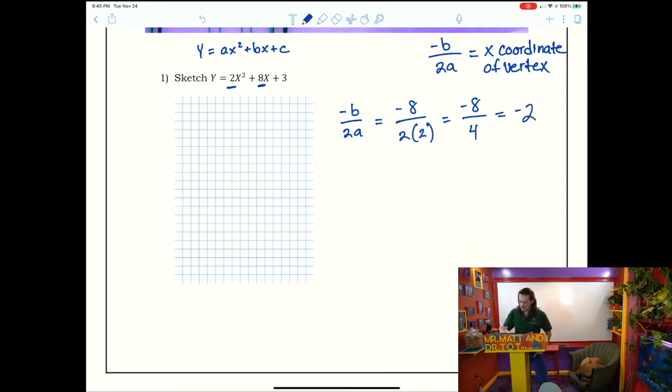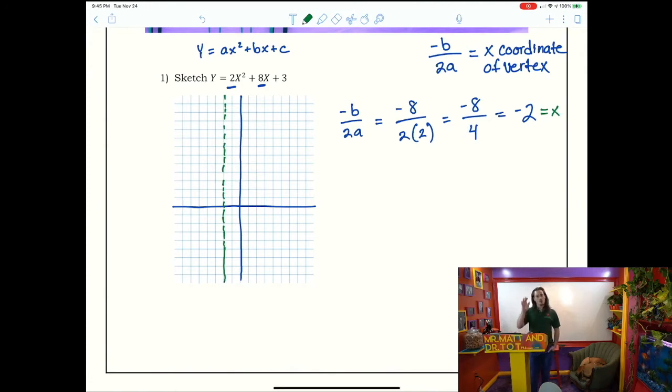If I go ahead and draw in an x and a y axis here, what this is telling me is that x is equal to negative 2 is the axis of symmetry of which the whole parabola will be symmetrical around, or will mirror around.